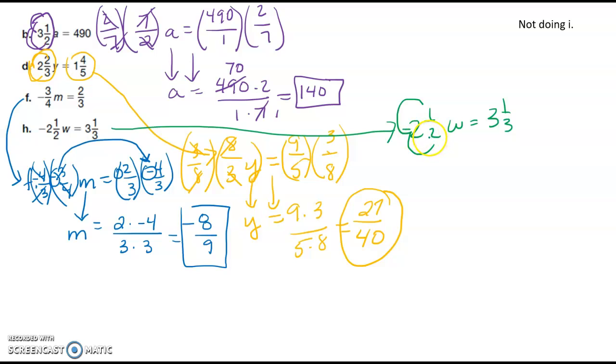Let's try this again. Backtrack, don't believe any of that. So 2 times 2 is 4, plus 1 is 5, and then I put the negative on it. My bad. That's what I meant, but it didn't sound right to me. So 3 times 3 is 9, plus 1 is 10. So now I'm going to multiply by the reciprocal.